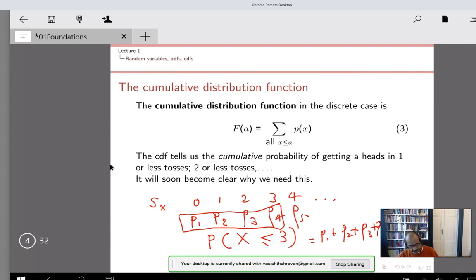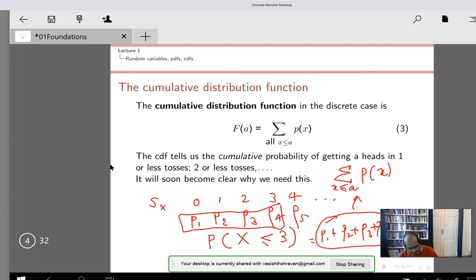So this is a very useful quantity, right? This cumulative probability. And what I've just written here can be written in abbreviated mathematical form by writing a big summation symbol and writing probability of all values x where the x's are less than or equal to some number a.